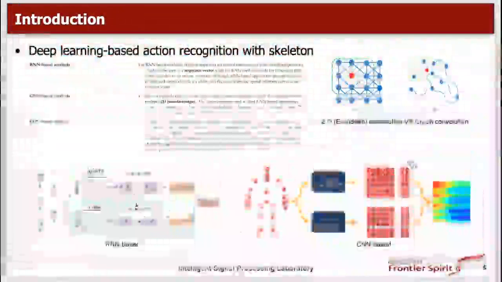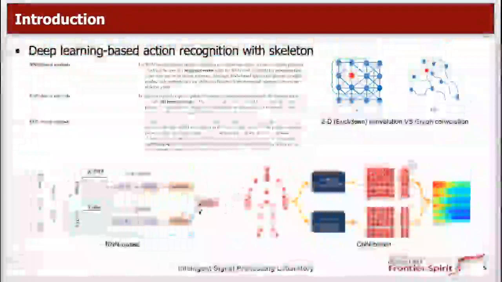It is similar to speech input because it is naturally a time sequence, and we send the skeleton sequence to the RNN model to calculate the loss, and we will finally classify the action.